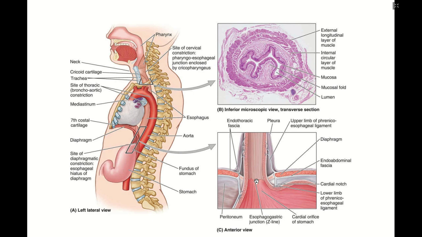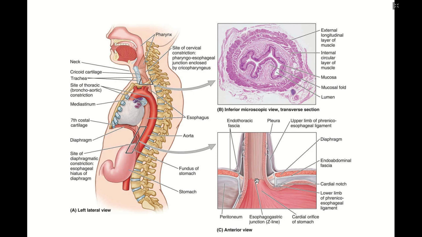This is visible when you're doing endoscopy, when you're seeing the lumen of the esophagus, the Z line. It is a Z line because it is an area of transition between the stratified non-keratinized squamous epithelium found in your esophagus, transitioning to the simple columnar epithelium in the stomach. So it's an important site.